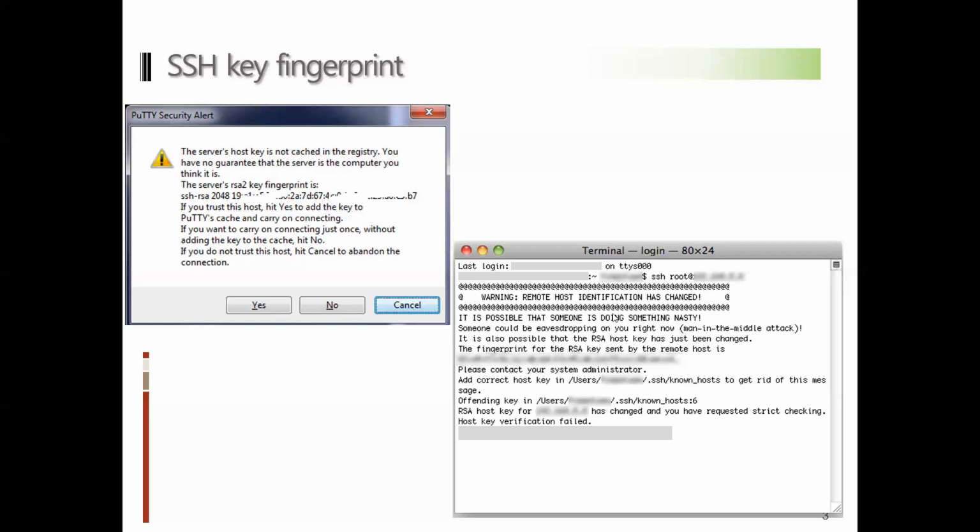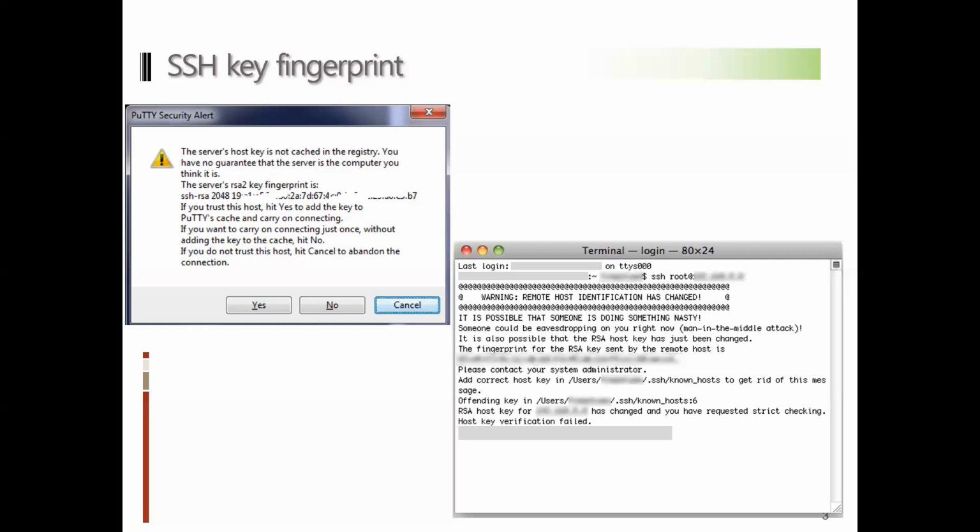Your local computer will also save the received fingerprint from the past, and when your local computer tries to connect to the server again, it might realize that the received fingerprint is different from what you received in the past.